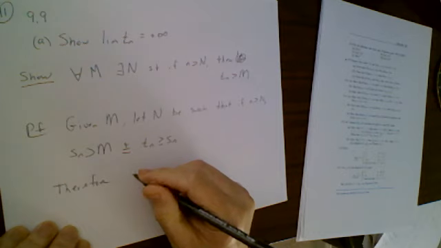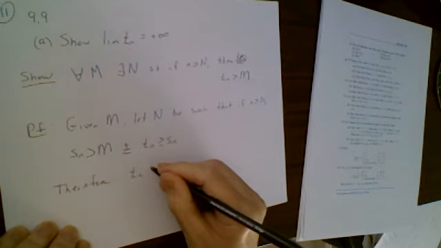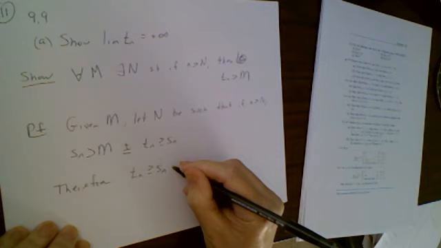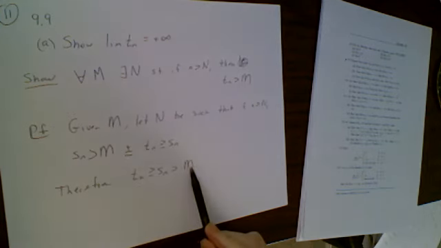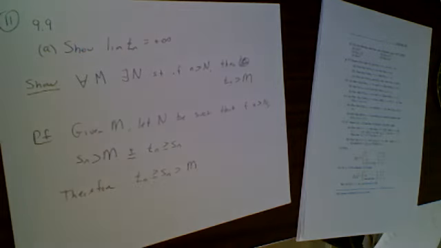So again, we know eventually the S sub n's will be bigger than capital M because these go off to plus infinity. And we're given that eventually the T sub n's beat the S sub n's. Therefore, the T sub n's are bigger than or equal to the S sub n's, which are bigger than M, and we get what we want. Again, the intuition is these numbers are eventually bigger than this M, so that does the trick.